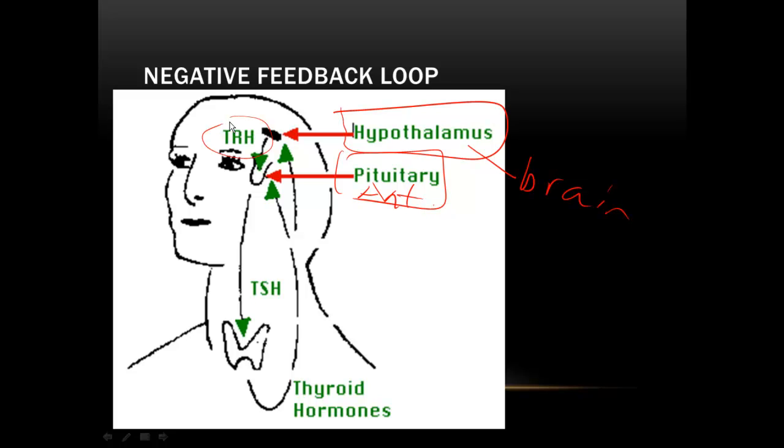TRH stands for thyroid releasing hormone. The hypothalamus releases this hormone into the bloodstream. It travels and causes the pituitary gland to release another hormone, TSH, which stands for thyroid stimulating hormone, and we do not need to know the full names.